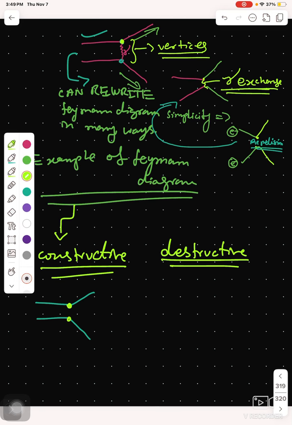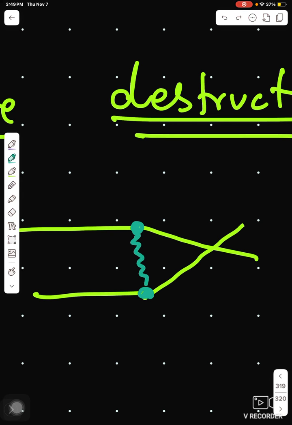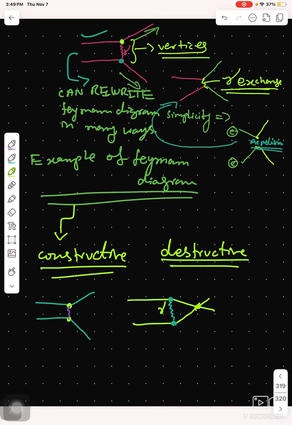Then we have this photon exchange, and here let's suppose we added this one. The electrons will always go away from each other. There could be some chance that they will go into each other.